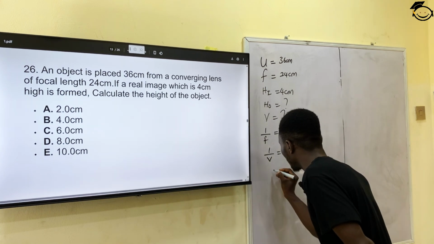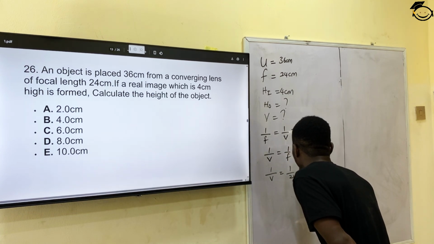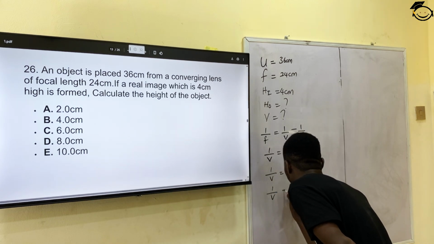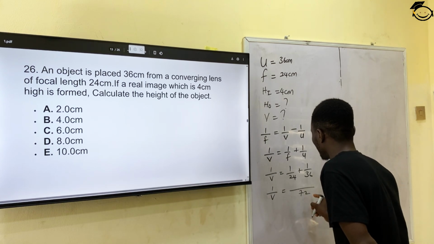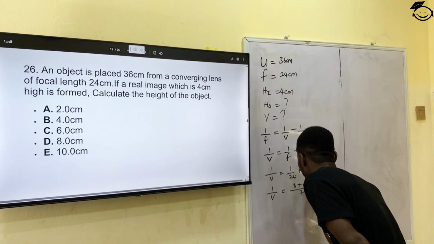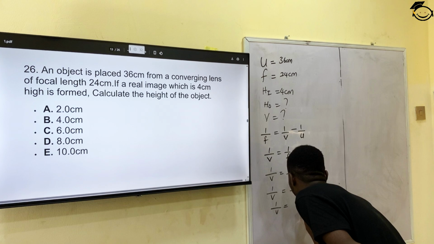So if I substitute my values, I'll have 1 over v equals 1 over 24 plus 1 over 36. So 1 over v is equal to, my LCM here is 72. If I divide 72 by this, I will get 3. So I have 3 plus 2. So that will give me 1 over v equals 5 over 72.